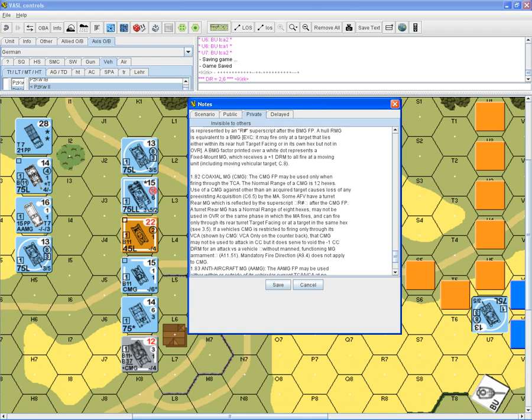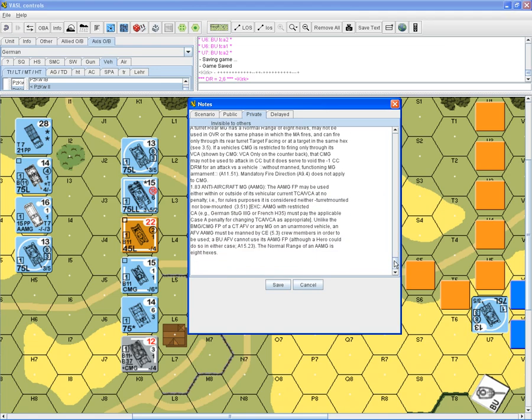More acronyms for you to learn. But the basic gist of coaxial machine guns, whichever direction your turret is facing, that is the direction you can fire your coaxial machine gun. It has a range of 12 hexes.